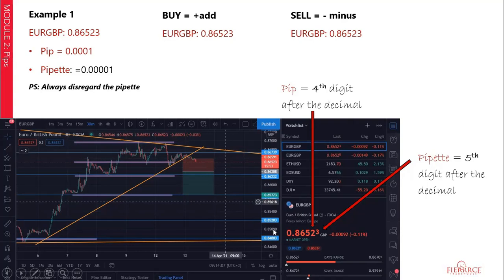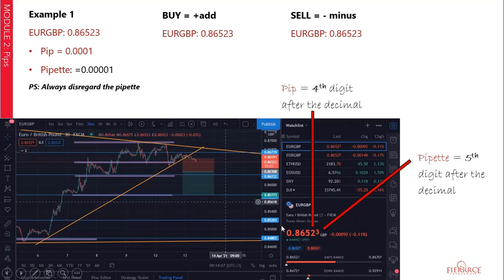If the price of Euro GBP went up by 1 pip, I'm going to add my 1 to this fourth digit, not the last. I'll ignore the last fifth digit and add my 1 pip here. So my final price, if it went up by 1 pip, will be 0.85010.